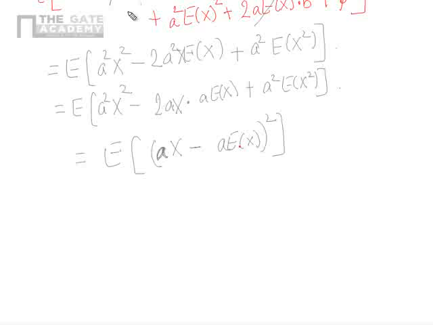Correct? So a is common here. I can take a common outside. It is nothing but E of a square into x minus E(x), the whole square.